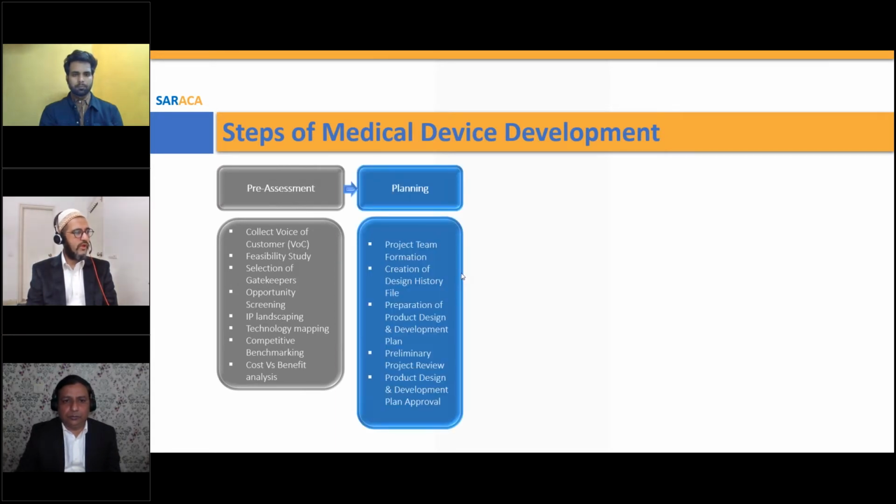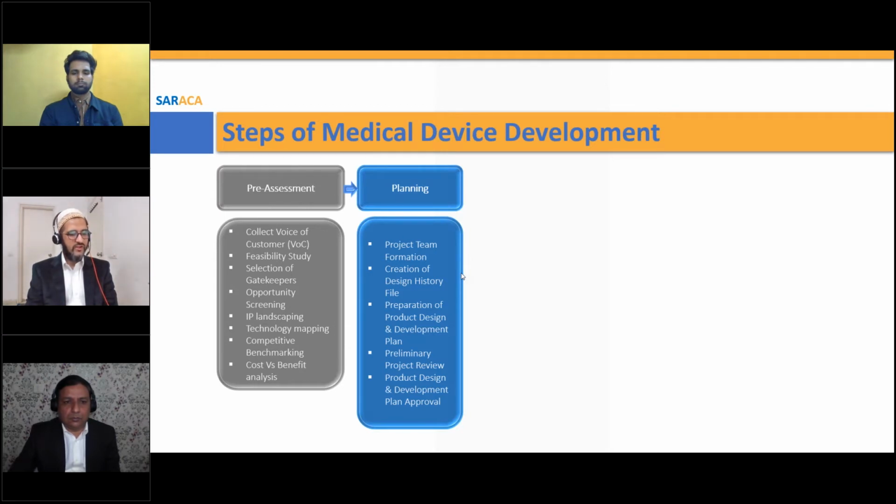Then we'll go into planning, the project team formation. You decide on your resources, who will be working and what kind of resources you will require. Are you going to outsource some of the part, or are you going to do it in-house? All those decisions are part of your project team formation. Then creation of the design history file.